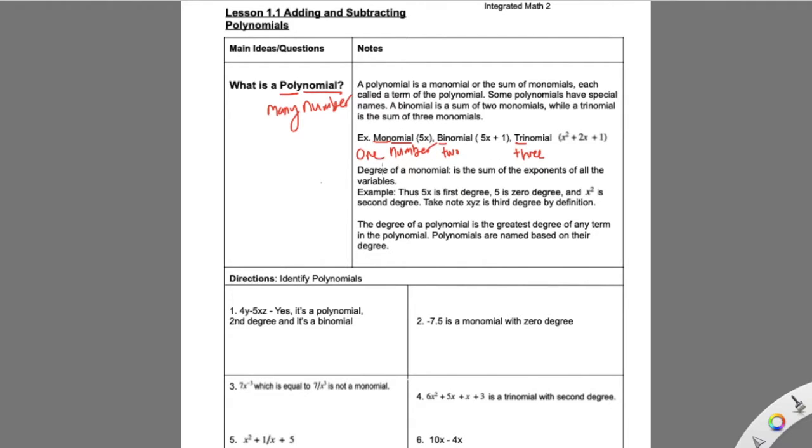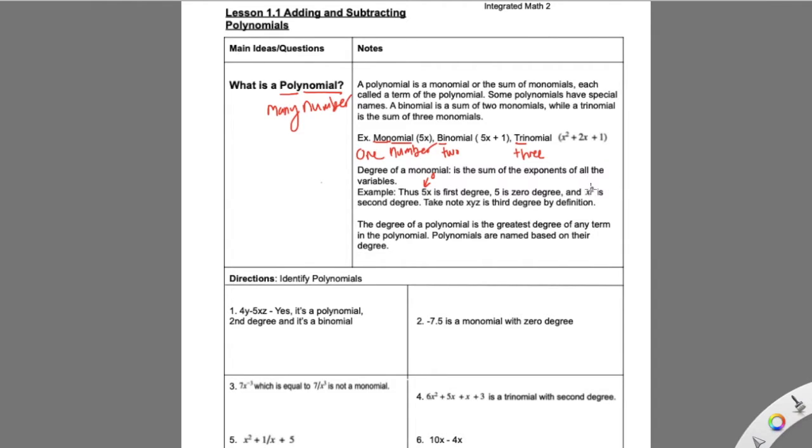So the next piece says a degree of a monomial is the sum of the exponents of all the variables. An example, it says, thus 5x is first degree, because 5 is 0 degree, so the 5 here has a 0 degree, and x squared is second degree.